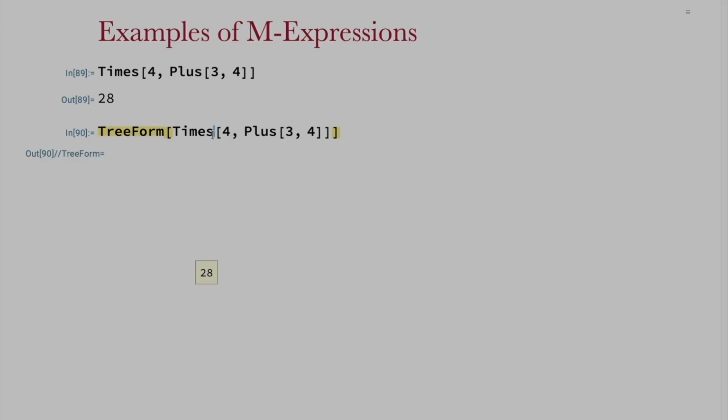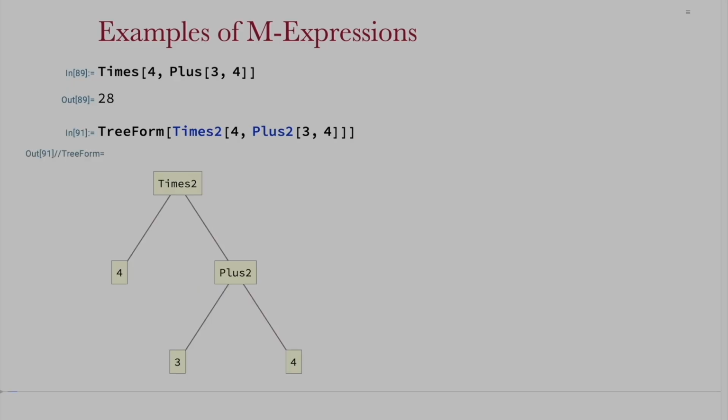So if I put in times 2 and plus 2 again to get back the tree structure, remember Mathematica always evaluates from the bottom, from the leaves. Those, by the way, 4, 3, and 4, are called the leaves of the tree structure. So Mathematica always evaluates from the leaves upwards.